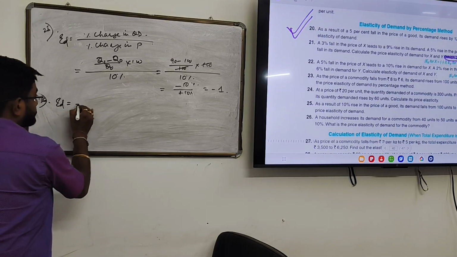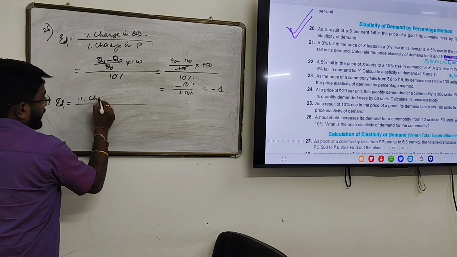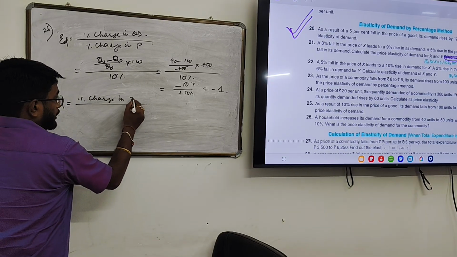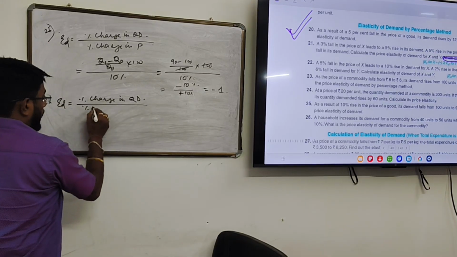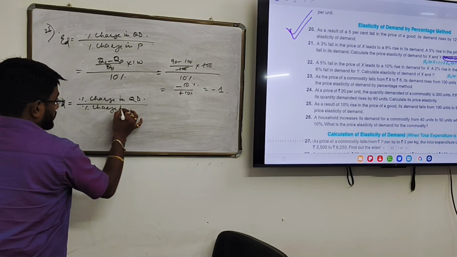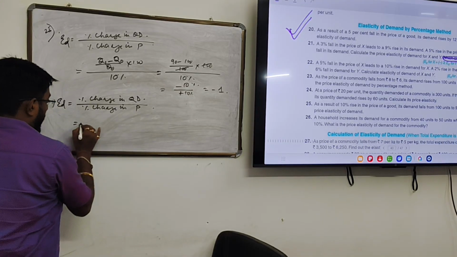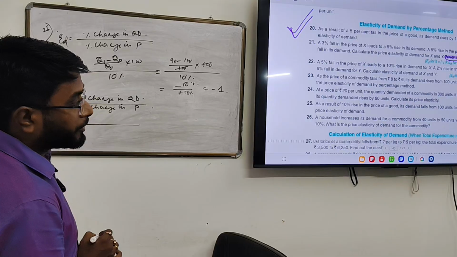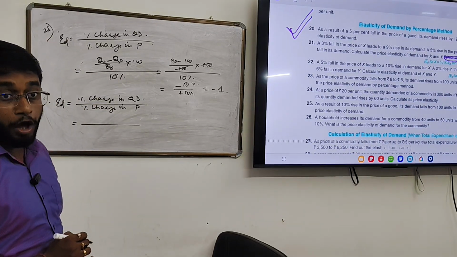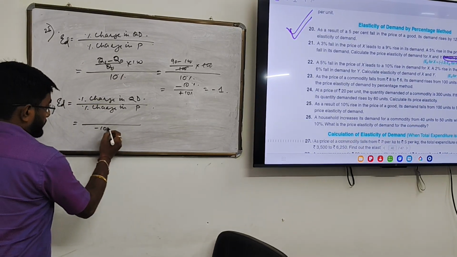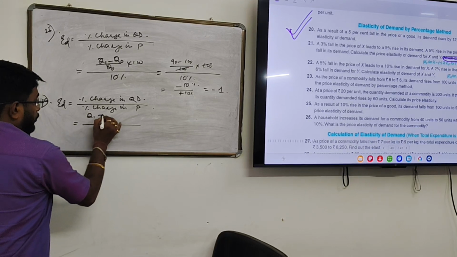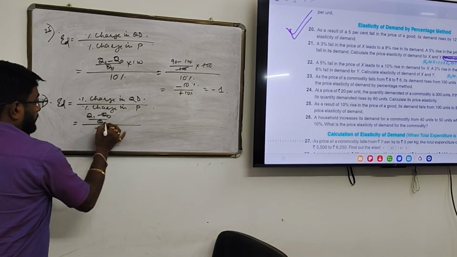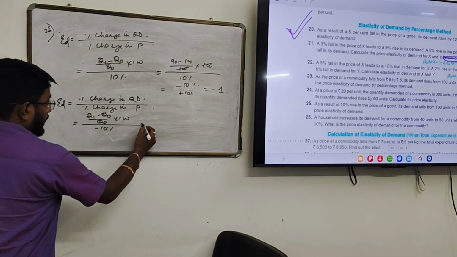So ED equals percentage change in QD by percentage change in price. Denominator, price how much? 10%. Rises or falls? So minus 10%. Numerator: Q1 minus Q0 by Q0 into 100.